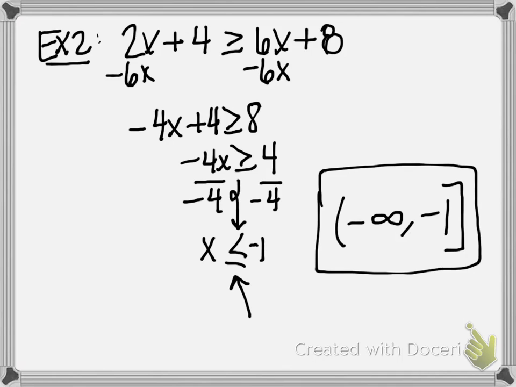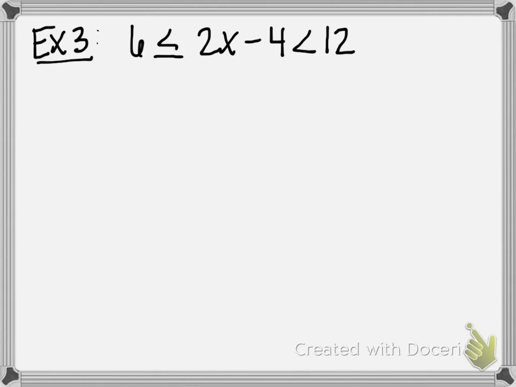Example 3. Six is less than or equal to 2x minus 4 is less than 12. In order to isolate the x, there's only one x involved right here, so this x needs to stay where it is.